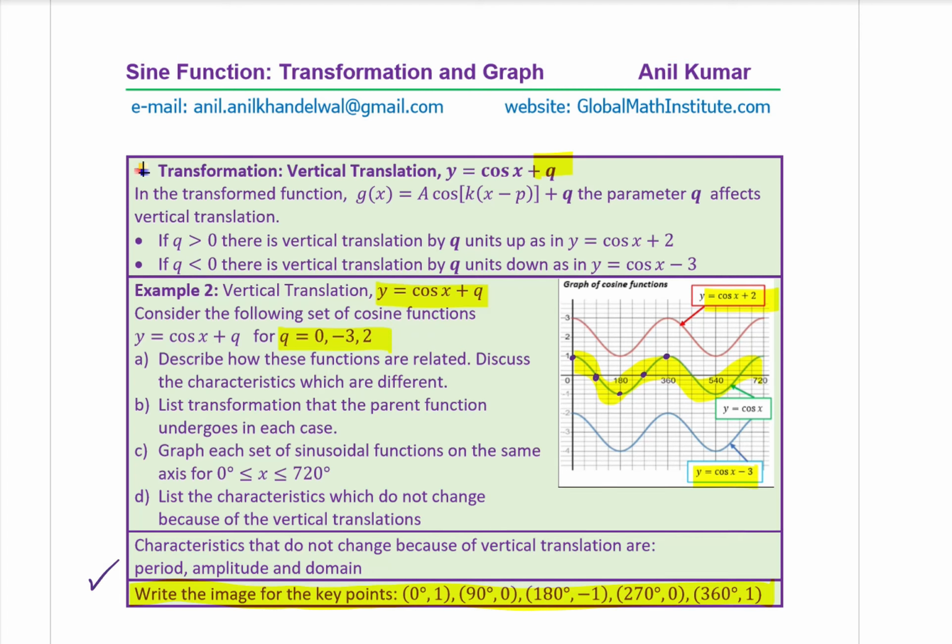Another important question here is, list the characteristics which do not change because of the vertical translation. So these are the 3 parameters which do not change: period, amplitude, and domain. Perfect. So that is very important to see while you're answering different questions, because in a test, many different questions can be on the same concept.